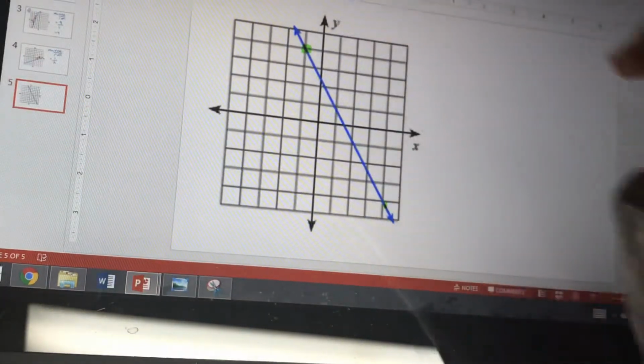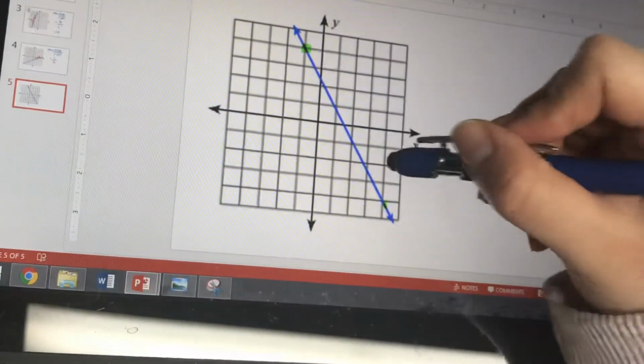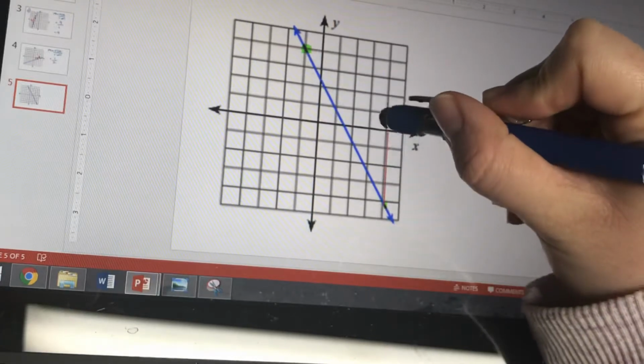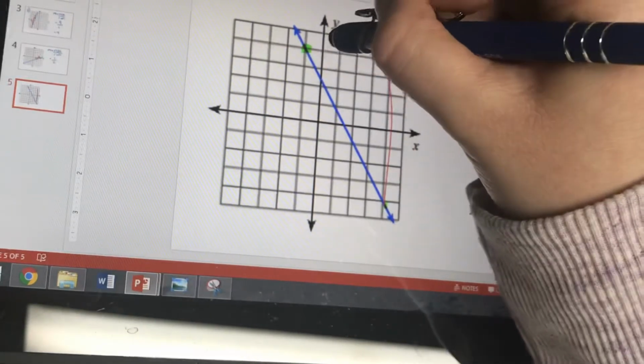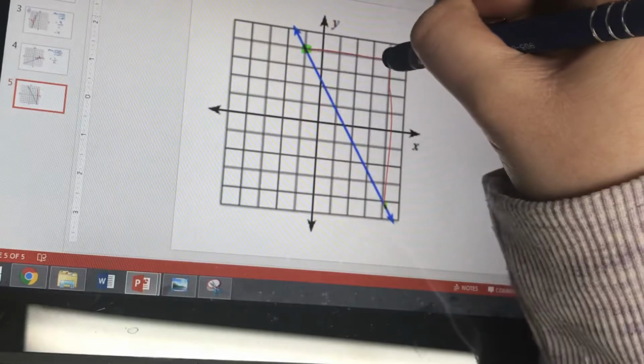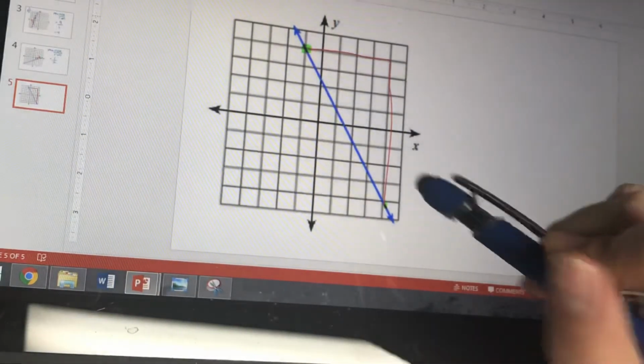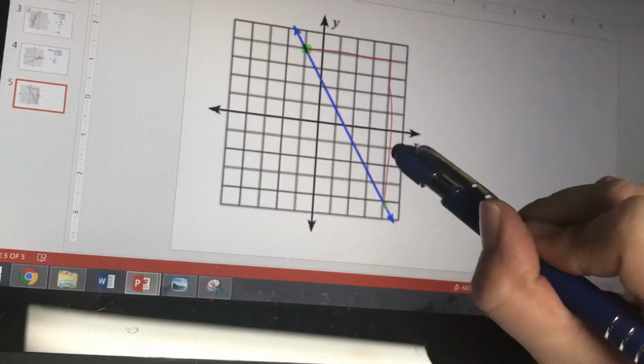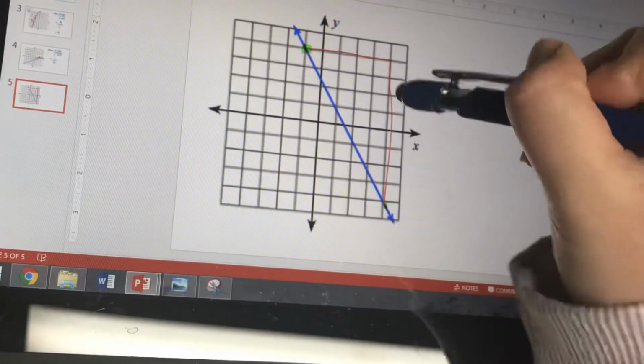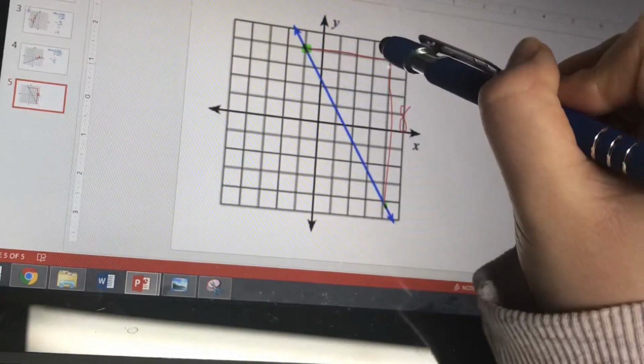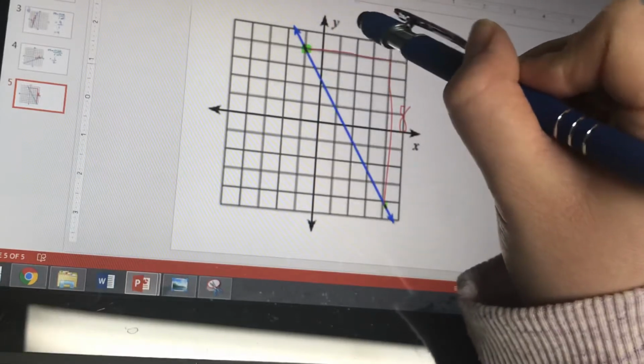Okay, so I'm going to draw my triangle for my rise and run, and I'm going to count how many units I'm going up. So I'm going up 1, 2, 3, 4, 5, 6, 7, 8 units. And I'm going across 1, 2, 3, 4, 5 units.